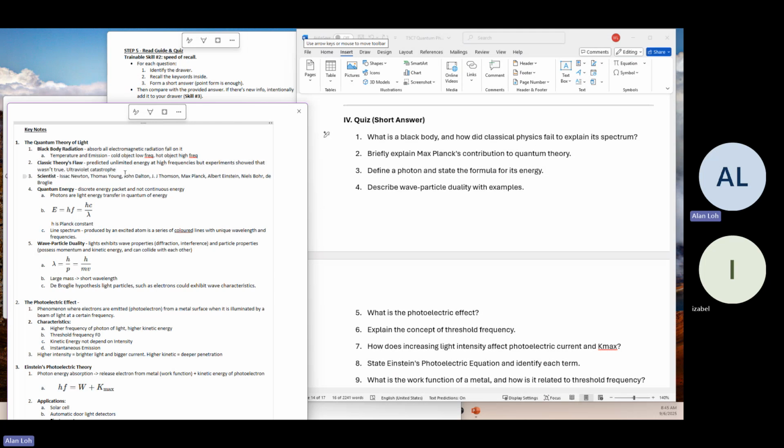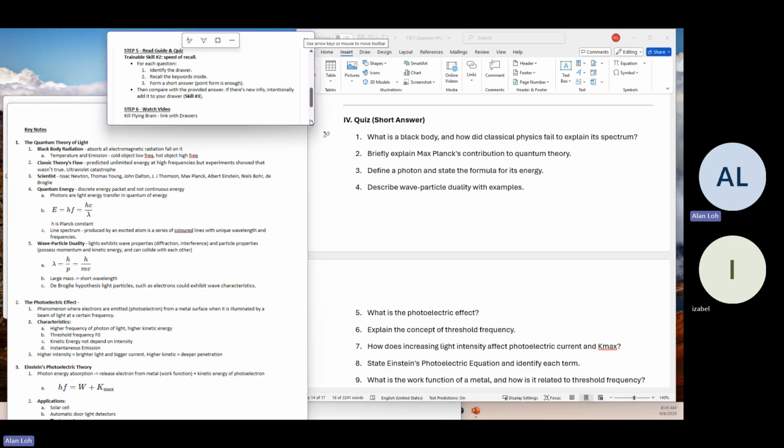You can mention the ultraviolet catastrophe. What does it mean? It means that it predicted unlimited energy at higher frequency, but the experiments later showed that it wasn't true. And that is the flaw of this classical physics theory.